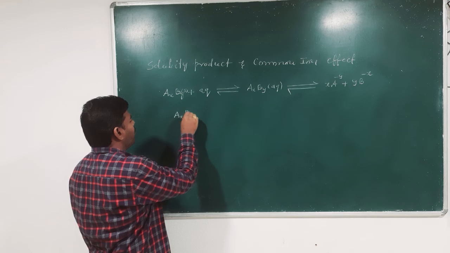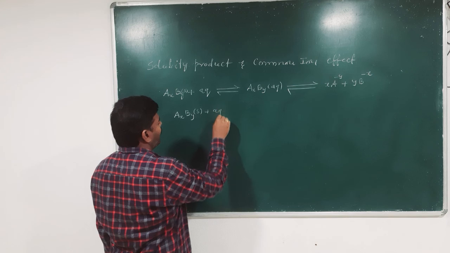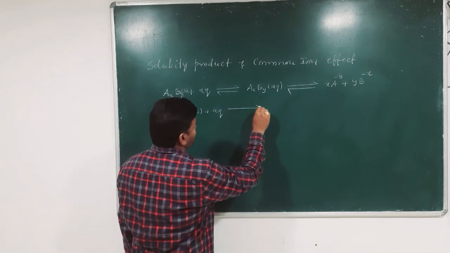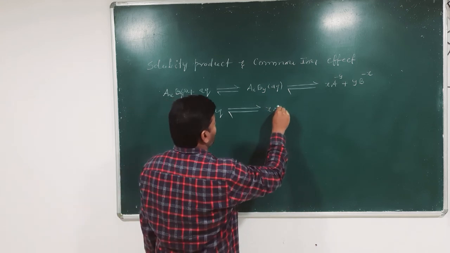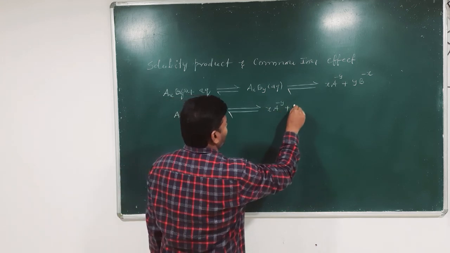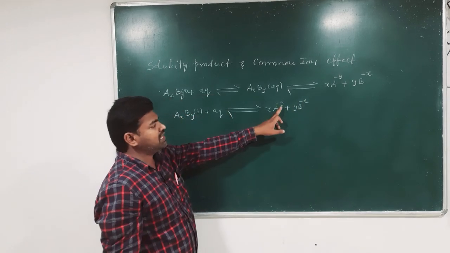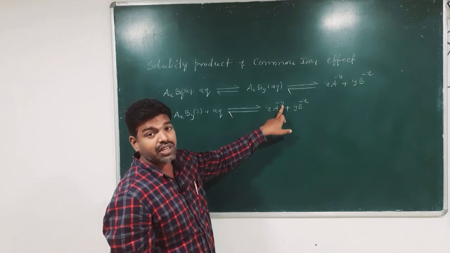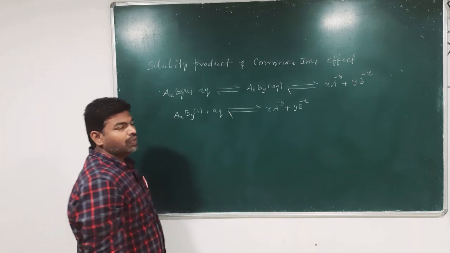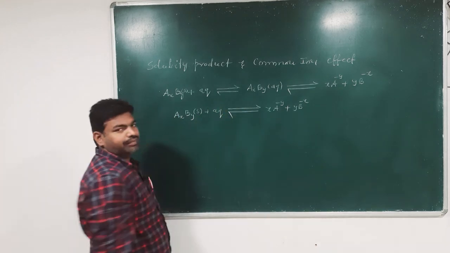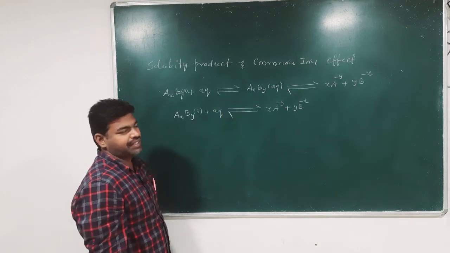AxBy solid dissolved in aqueous medium establishes an equilibrium, that is x moles of A^(y-) plus y moles of B^(x-). These are the charges that we get based on the crisscross method, right. So there exists an equilibrium between the aqueous electrolyte and its ions.